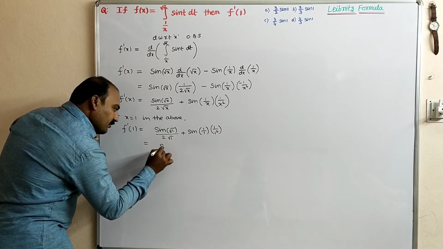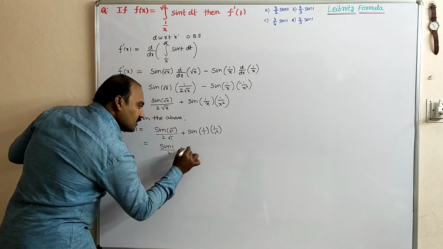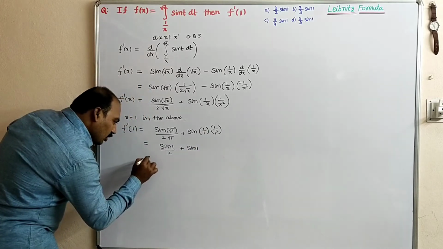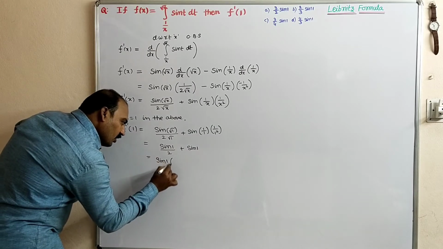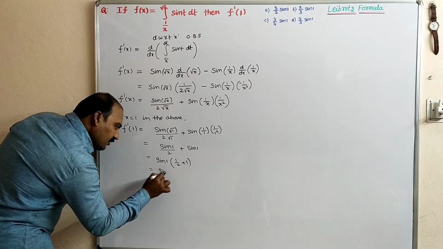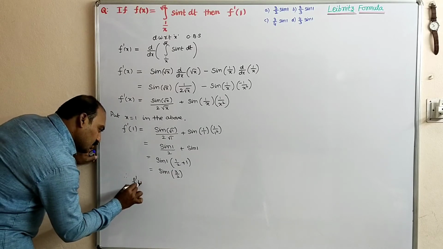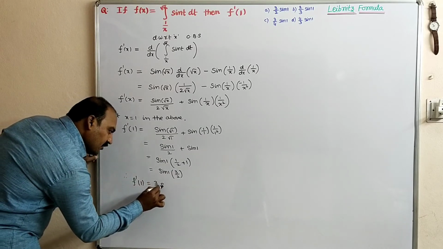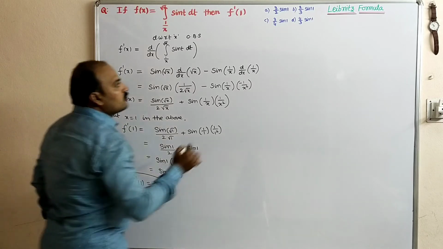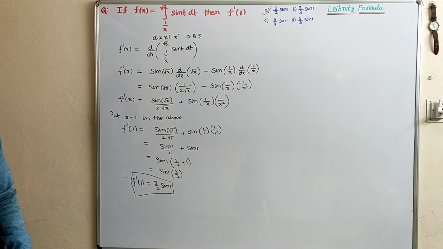Which is equal to sin 1 divided by 2, since root 1 is 1, plus sin 1, since 1 by 1 square is 1 only. Take sin 1 common from these two, and here 1 by 2 plus 1 is 3 by 2. So sin 1 into 3 by 2. Therefore f dash of 1 equals 3 by 2 times sin 1, which is there in the first option.